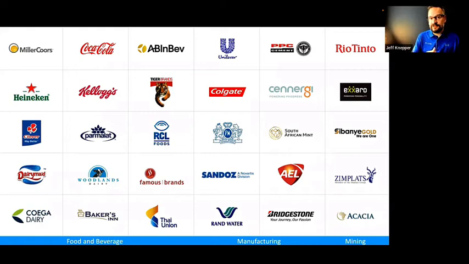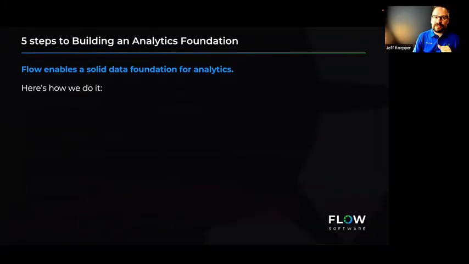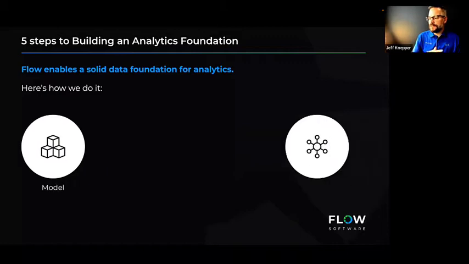They did a ton of work in food and beverage, which means all of the major food and beverage companies you would expect, at very high scale, have taken advantage of Flow, as well as general manufacturers, aggregate companies, mining companies, etc. But there are 5 things that I've promised to reveal, the secret sauce, if you will, to building your own analytics foundation. Let's dive into that.